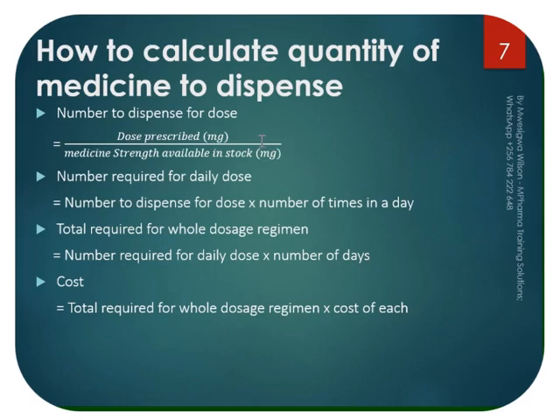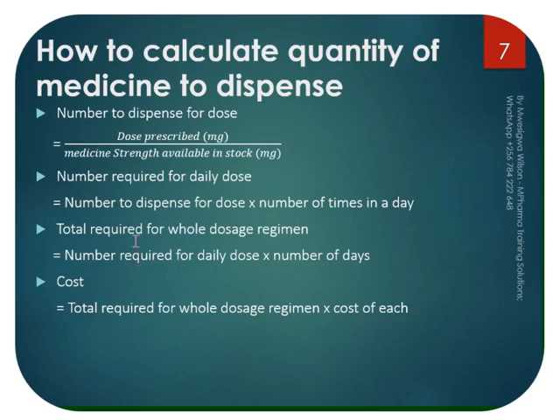You could have 500, the prescription called for 1000 milligrams. Now, number required daily: it is good you multiply the number of tablets which you've calculated above times the frequency, or number of times in a day that the patient is supposed to receive the medication. Are they using it 3 times a day, 4 times a day, twice a day?